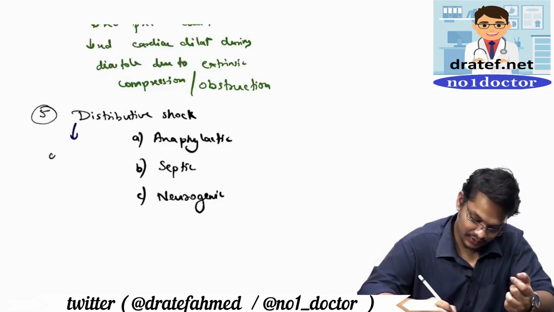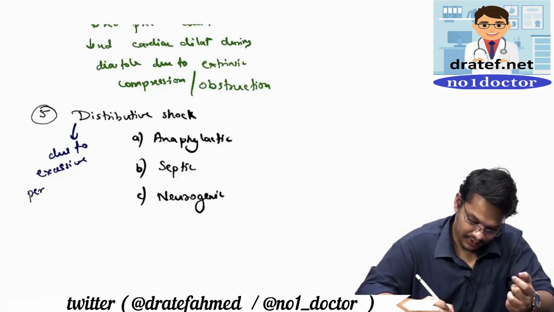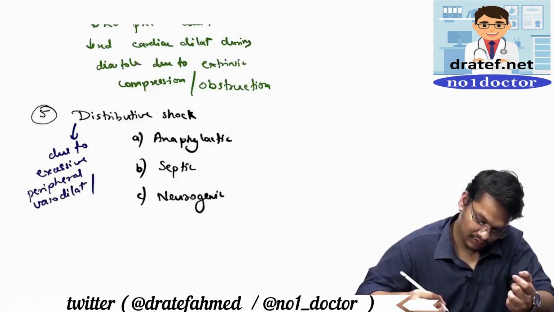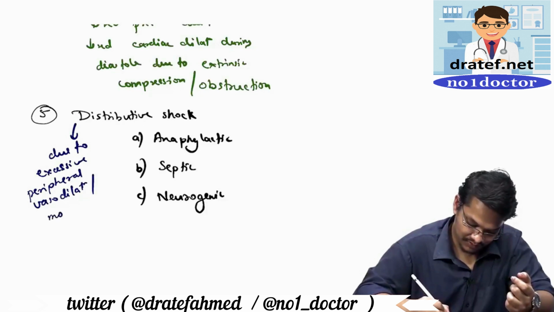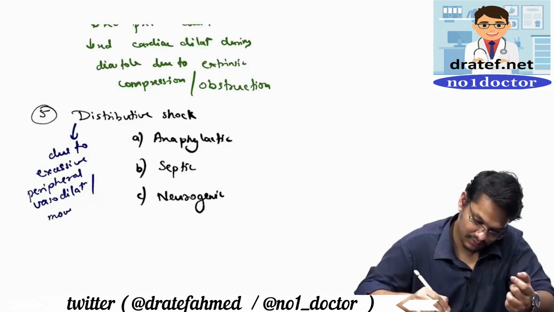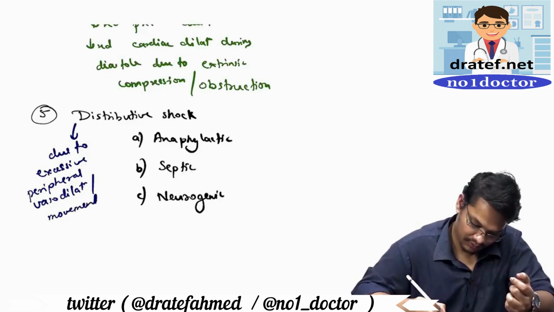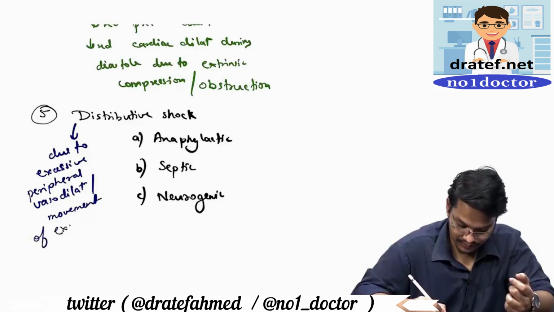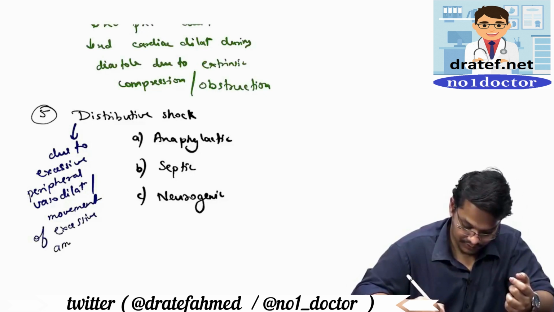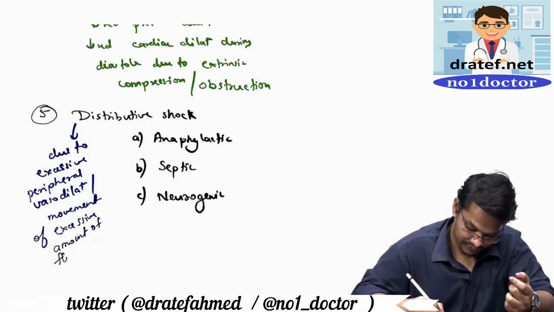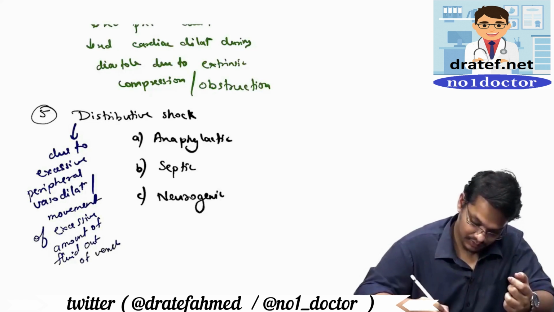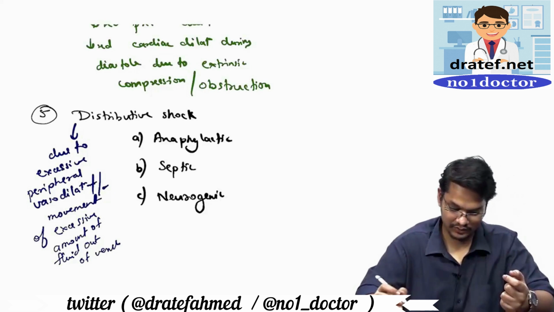Distributive shock essentially occurs due to excessive peripheral vasodilation, or movement of excessive amount of fluid out of the vessel, plus minus.